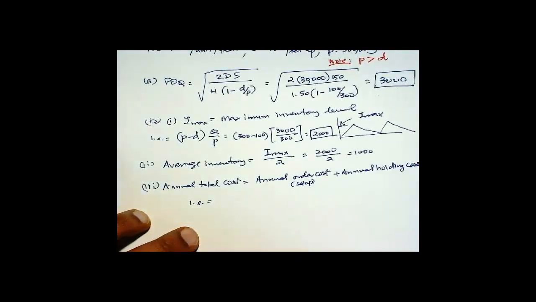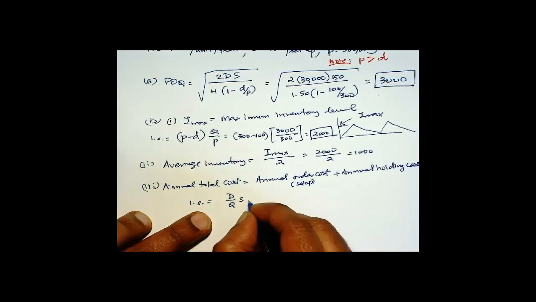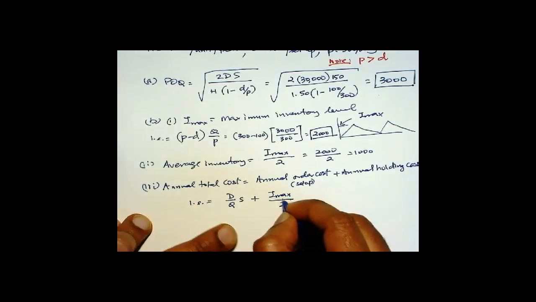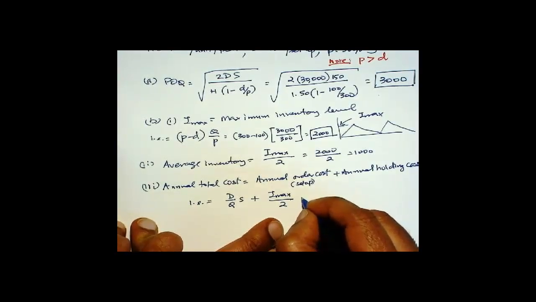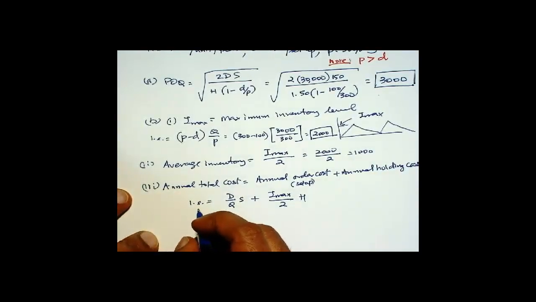That is equal to annual setup cost, which is D over Q times S, plus, this is not Q over 2, I sub max over 2 times H for annual holding cost.